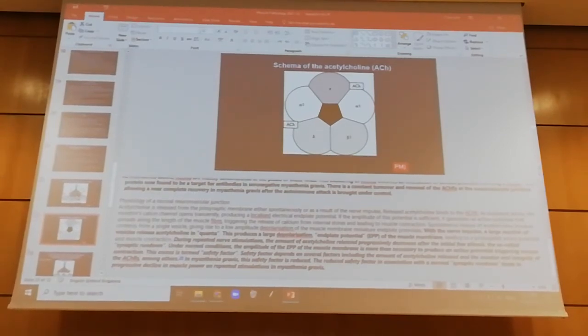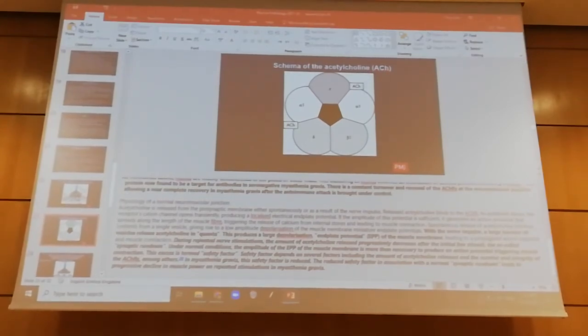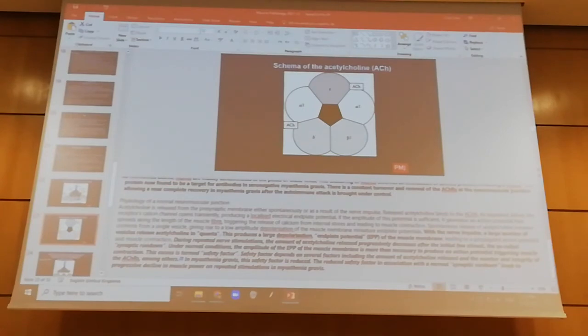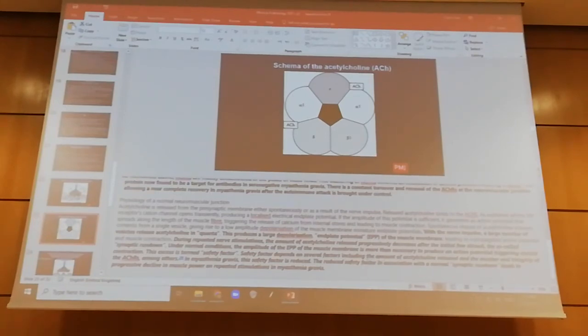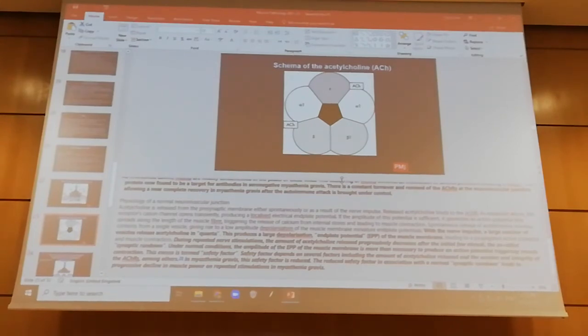Coming back to the nerve impulse, a large number of vesicles release acetylcholine in contact. This produces a large depolarization, known as the end plate potential, EPP, of the muscle membrane, leading to a propagated action potential and muscle contraction. Now, in normal conditions, during repeated nervous stimulation, the amount of acetylcholine released progressively decreases after the initial few stimuli.